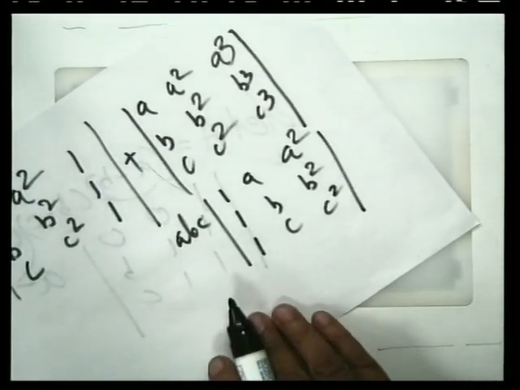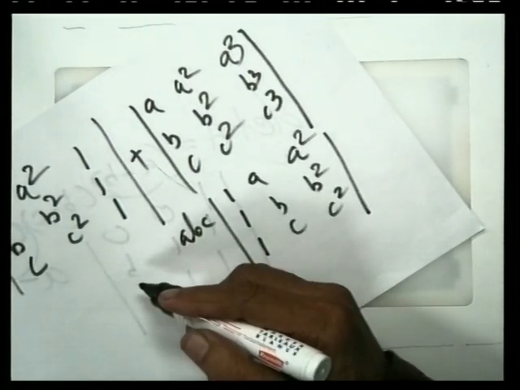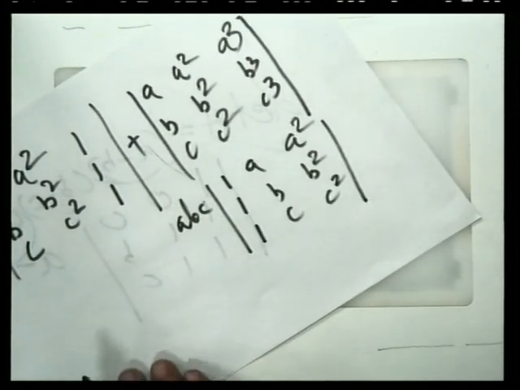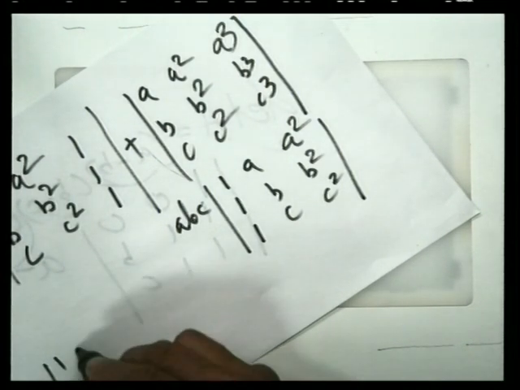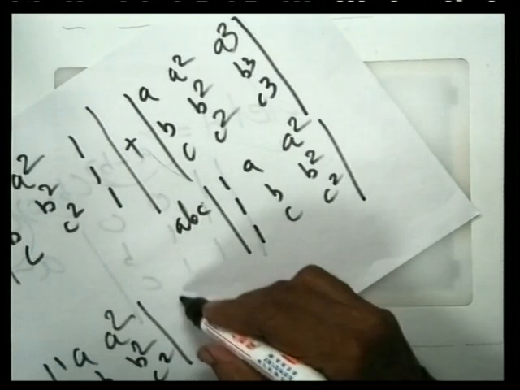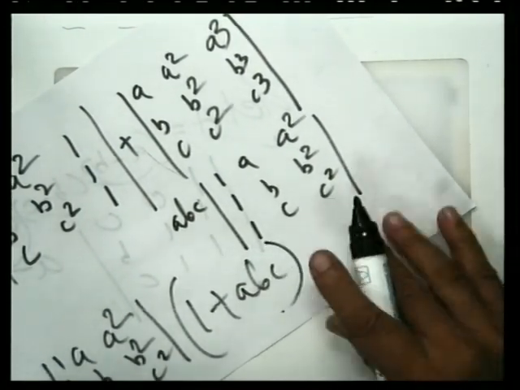So this factor you can take out, and what remains is 1, 1, 1, a, b, c, a square, b square, c square, common we take, then we get abc.